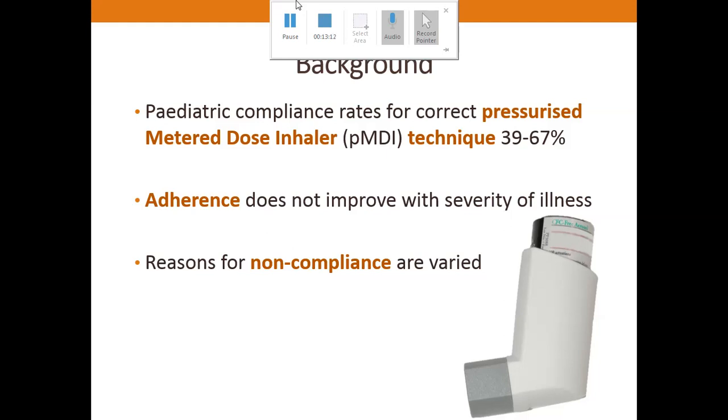Adherence does not improve with the severity of illness, so you would think that the more severely ill somebody is, the worse their asthma is, the more likely they might be to actually take the drug that is prescribed to them, but that's not true. And there are different reasons for not complying, for not using the inhalers that they're given.